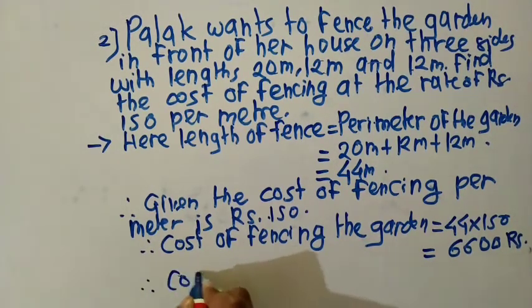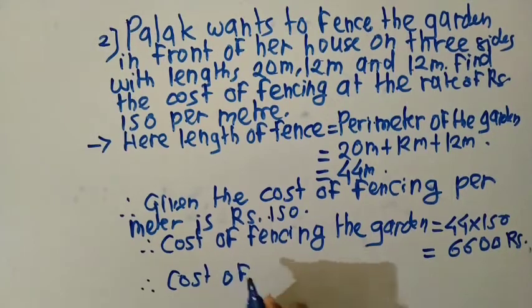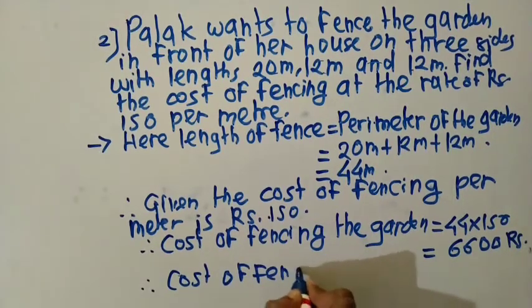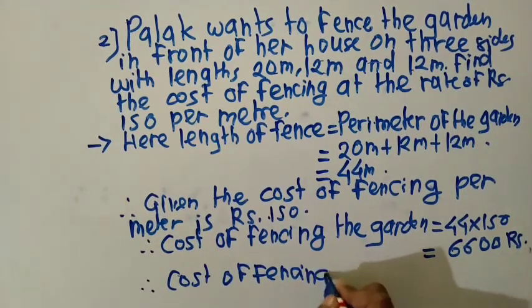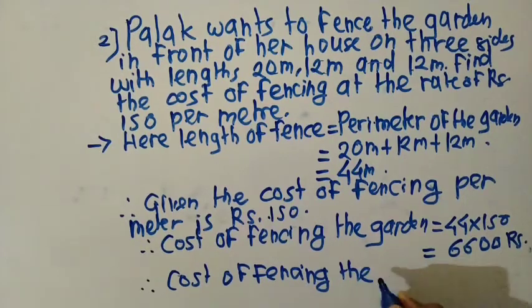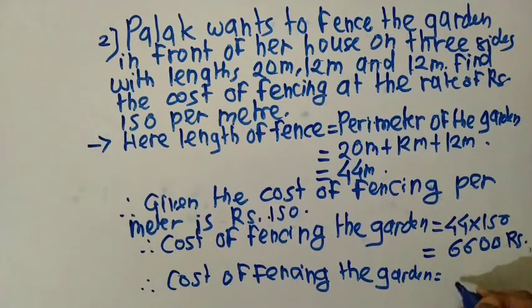Hence, cost of fencing the garden is equal to 6,600 Rs.